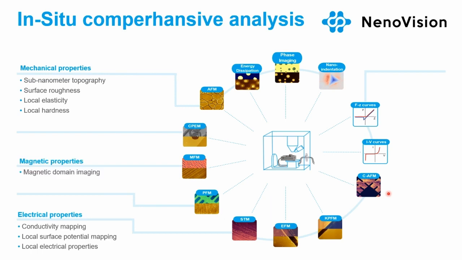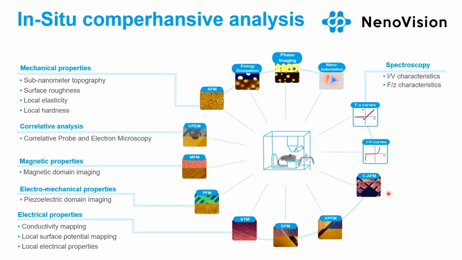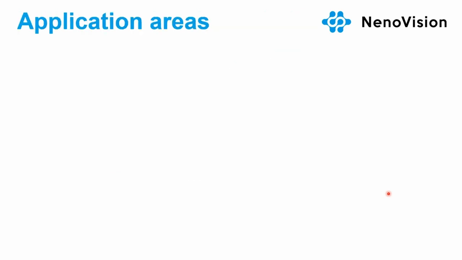You can analyze magnetic properties or piezoelectric properties and piezoelectric domains. But you can also perform several spectroscopy analyses like IV characteristics or FZ curves. And as I mentioned, we propose a fully new method, which is correlative probe and electron microscopy. So this is a comprehensive analysis which we bring into your SEM.